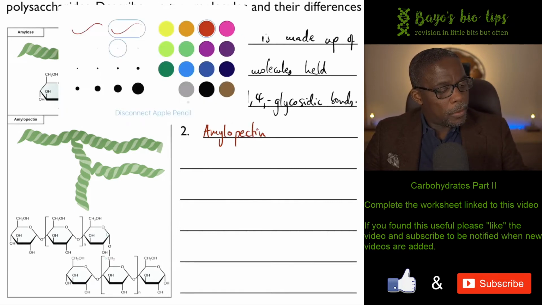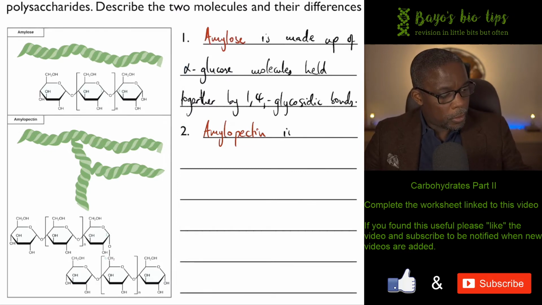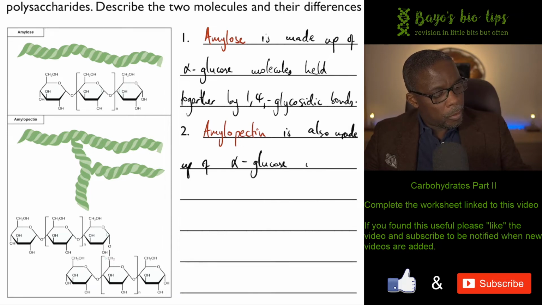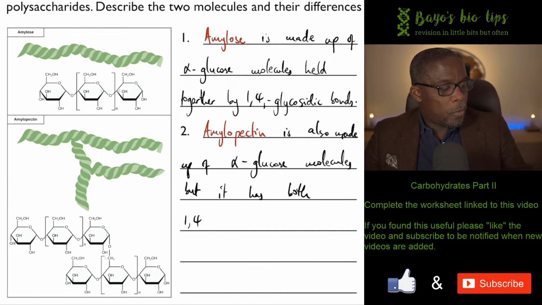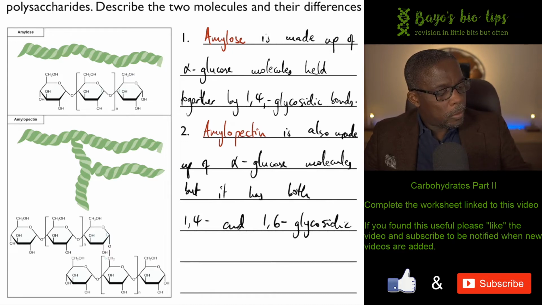So amylopectin is also made up of alpha glucose molecules, but it has both 1,4 and 1,6 glycosidic bonds.